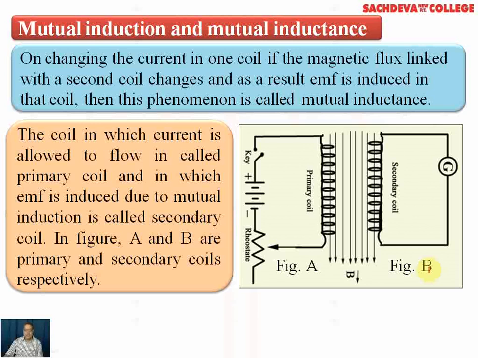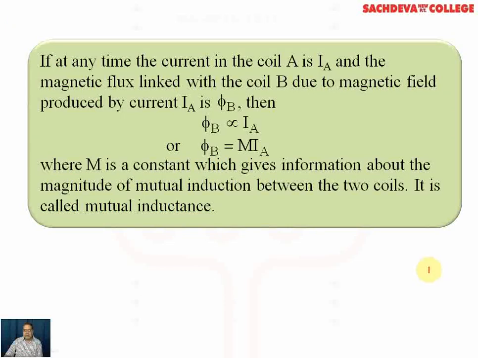Now the coil in which current is allowed to flow is called the primary coil, and in the secondary coil, the induced EMF will be generated because of the change in flux. So A and B are the primary and the secondary coils respectively. With respect to time, first of all, we consider coil A. When current is passed in coil A, that is, the circuit is closed, flux is linked with coil B, and due to this, flux will be generated in the second coil.